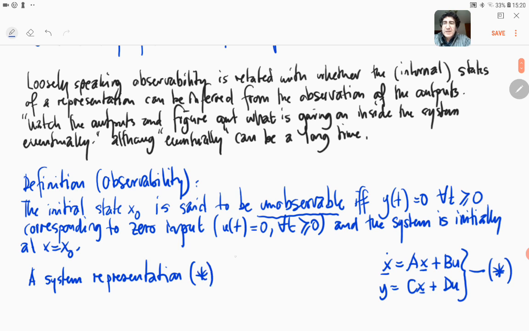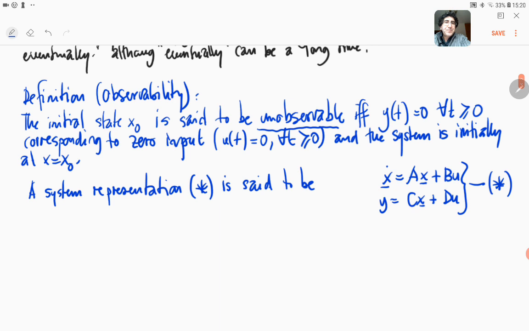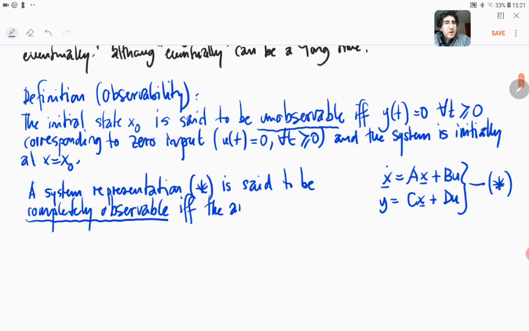Such a system representation is said to be completely observable if and only if there are no unobservable initial states.